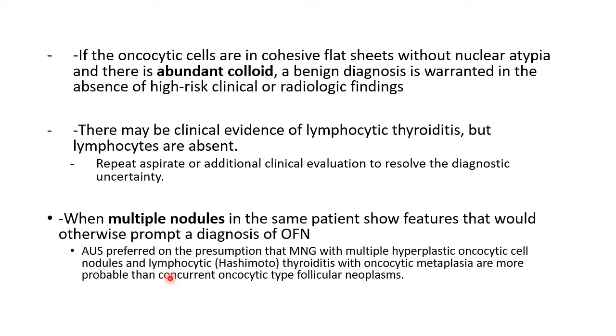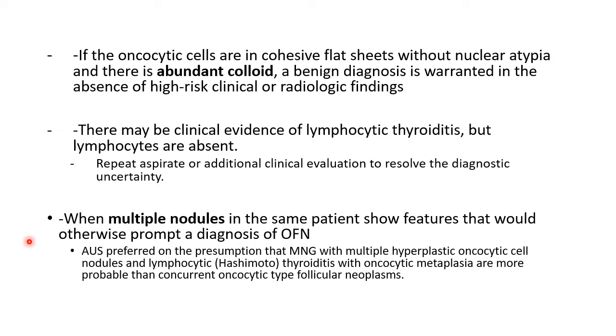And another situation is if you have multiple nodules in the same patient. So if you have multiple nodules in the same patient and you are getting sheets of oncocytic cells, the diagnosis of oncocytic follicular neoplasm is less likely, because concurrent oncocytic follicular neoplasms do not occur commonly.